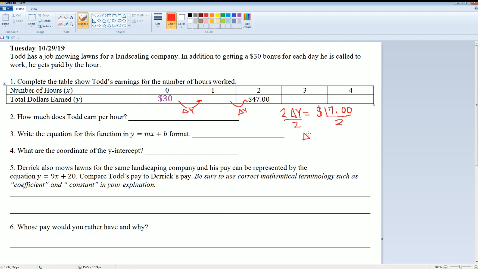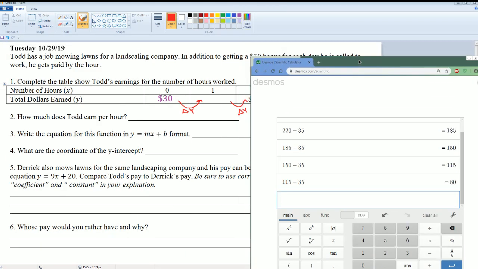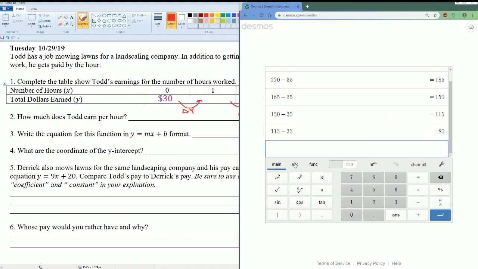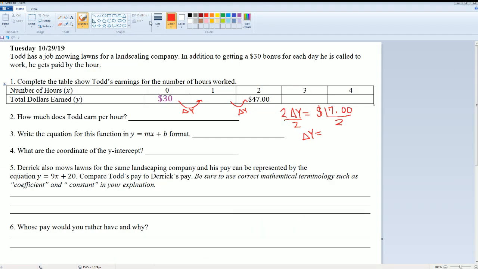So delta y is equal to $17 divided by 2. That is $8.50. So your delta y is really $8.50.